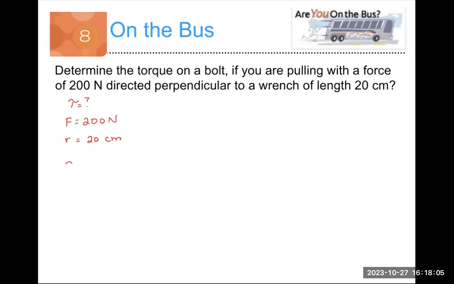Well, we know that torque equals R times F, and my units of torque are Newton meters, so I need to convert centimeters to meters. 20 centimeters is 0.2 meters. Then my torque is going to be 0.2 meters times 200 newtons, and that gives me a torque of 40 Newton meters.